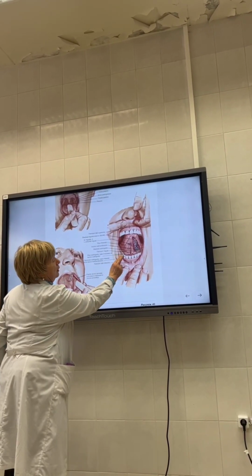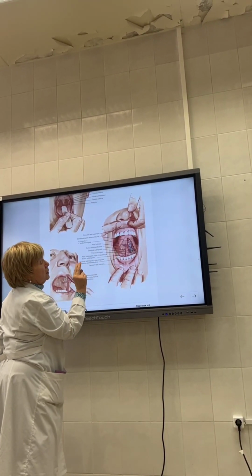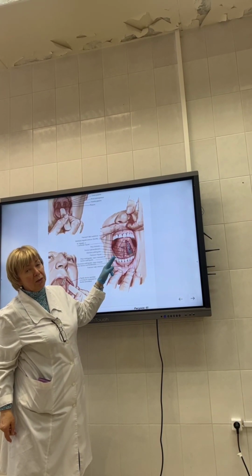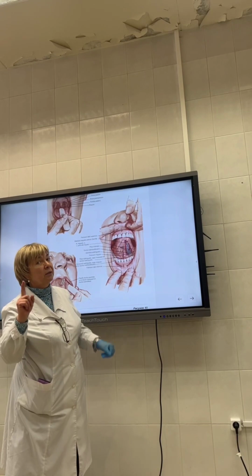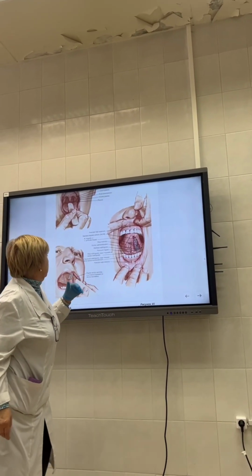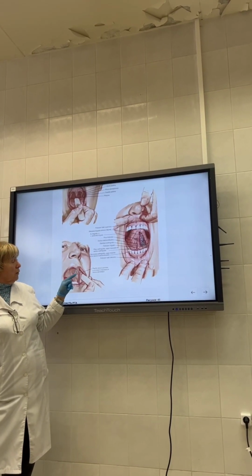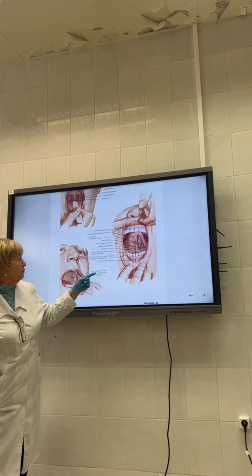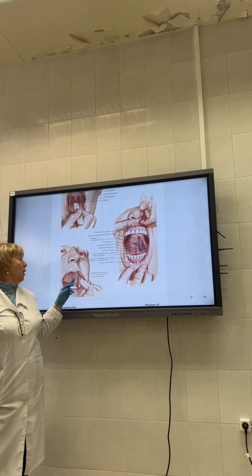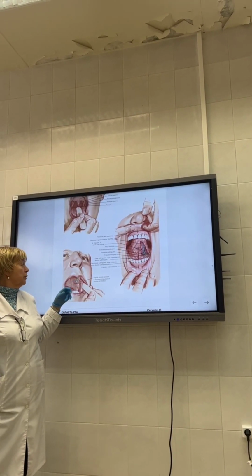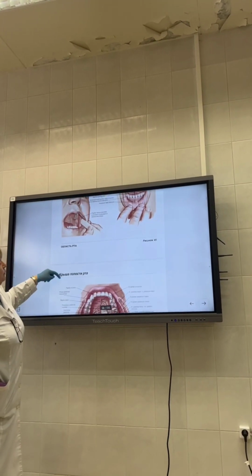The gland has a duct which opens on the caruncula and small ducts which open on the sublingual fold. These structures are visible. Here you see the papilla of the parotid duct on the cheek.